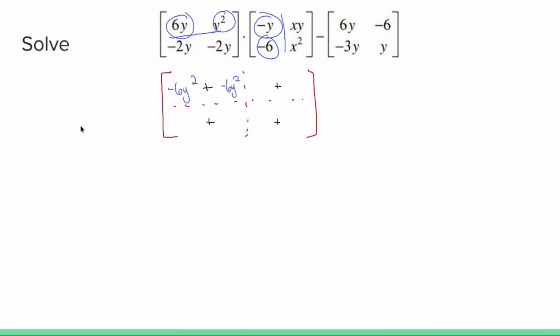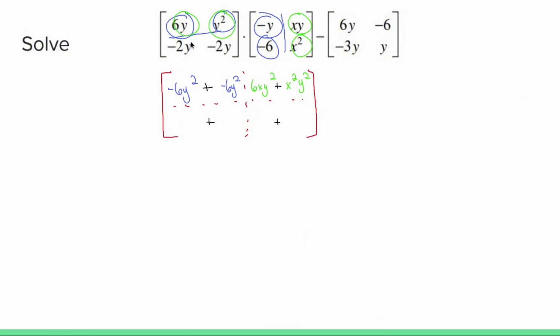So those will combine at some point. First row, second column: 6y and xy becomes 6xy squared. And then y squared and x squared becomes x squared y squared, if we're keeping with alphabetical order. Doing great.